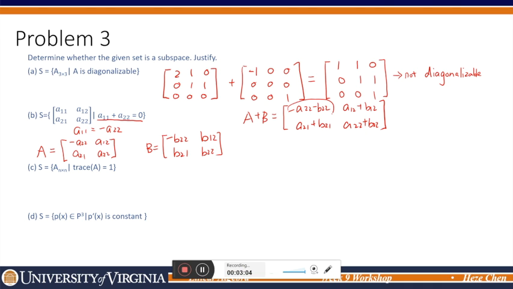Since the diagonal elements sum to 0, A plus B is still a matrix in S, so it's closed under addition.